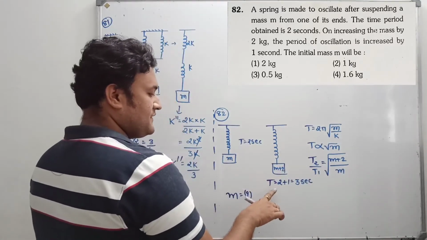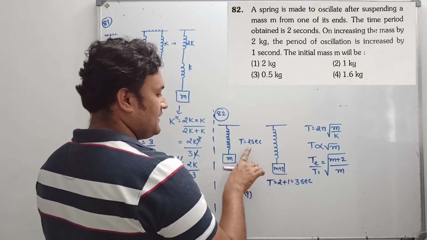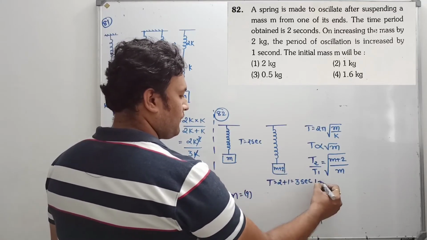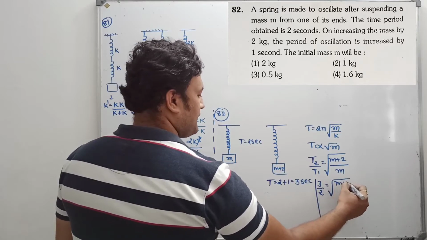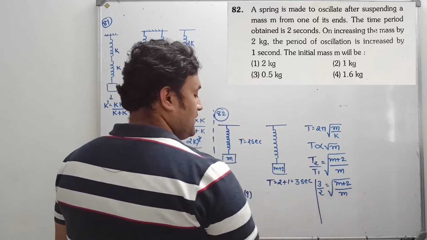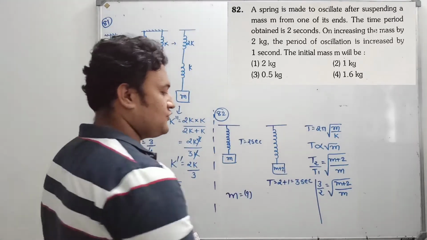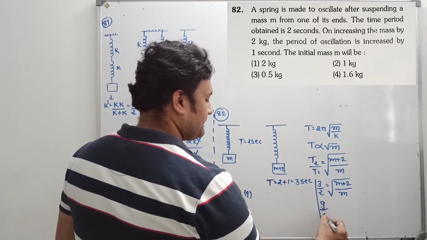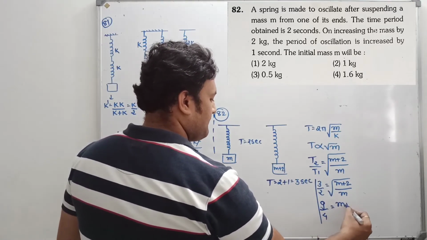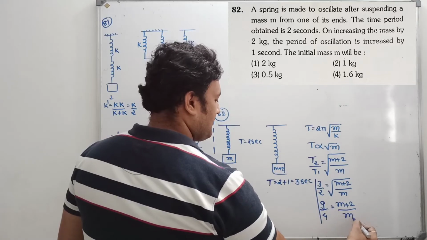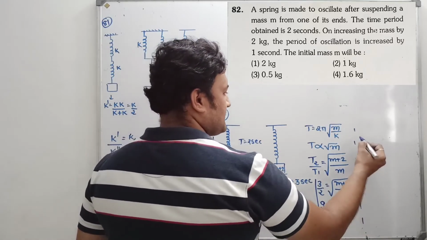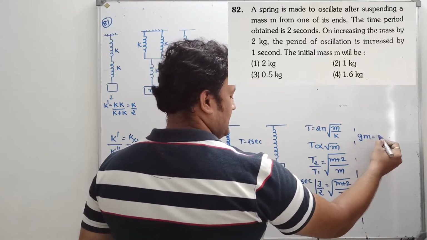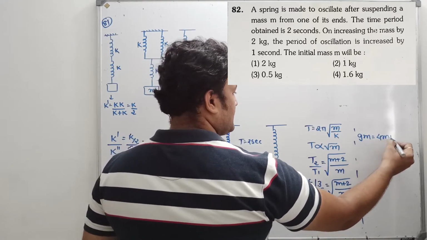t2 is equal to 3, t1 is equal to 2, so 3 by 2 equals root of m plus 2 by m. Take square on both sides, so this is 9 by 4 equals m plus 2 divided by m. Cross multiplication: 9m is equal to 4m plus 8.